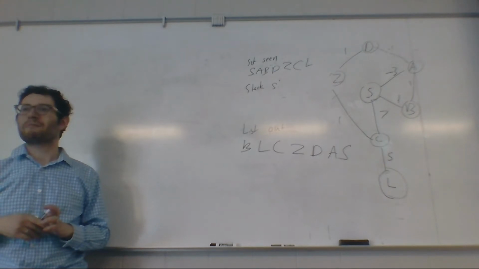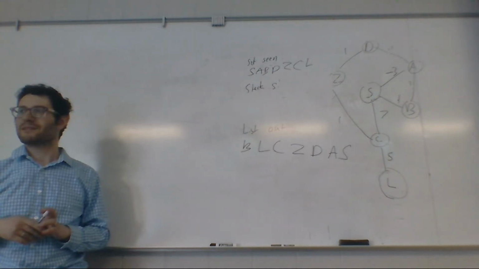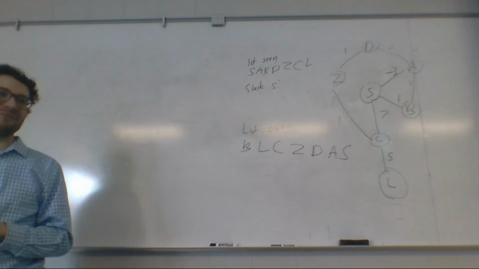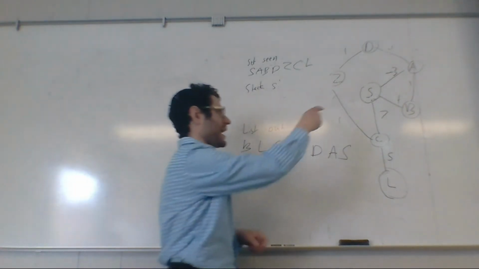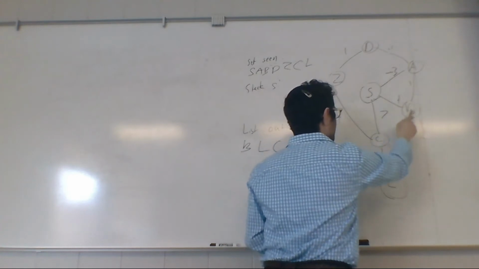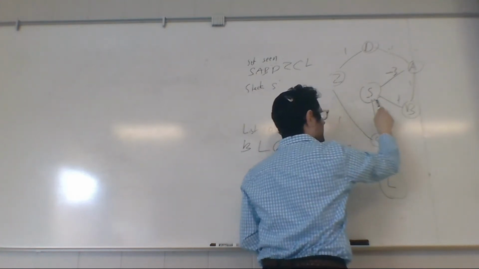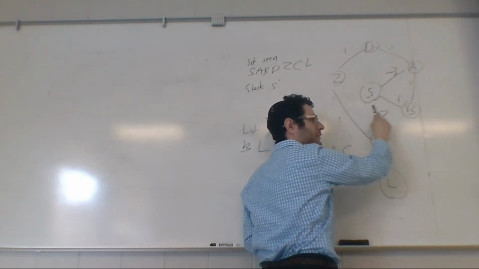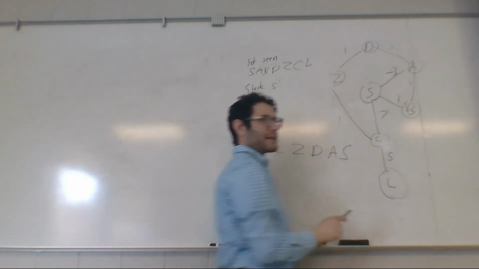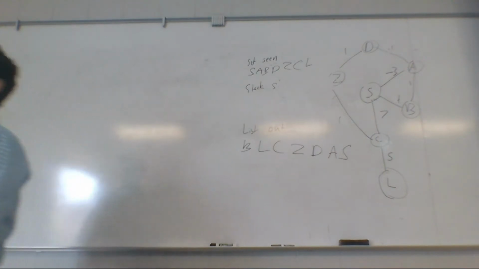Anything you find, I can find one better, right? You get a net gain of -1 if you go S to A, then S to B, right? So 3 over here and then 2 over here. So I'm now at -1 where I was at 0. Go around that again, I'm at -2. Go around that again, I'm at -3. So Dijkstra's won't be able to recognize that.